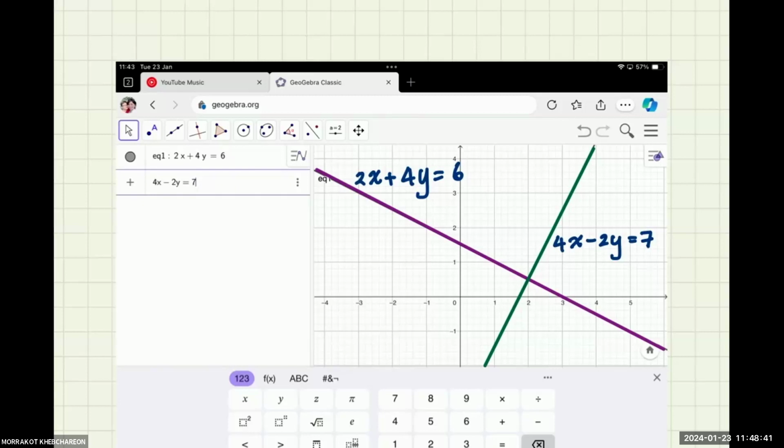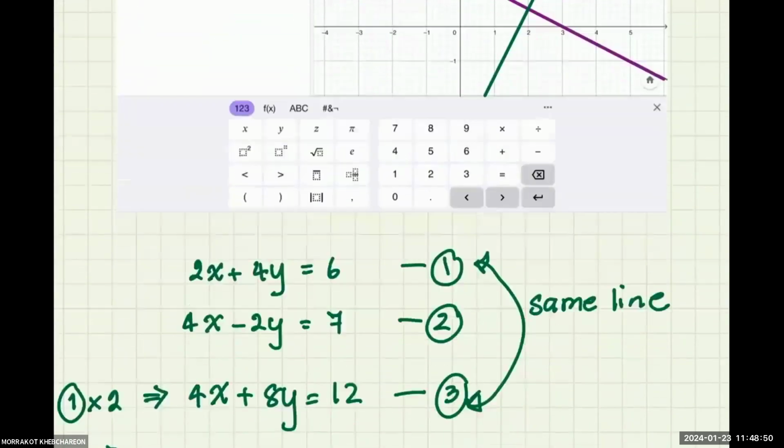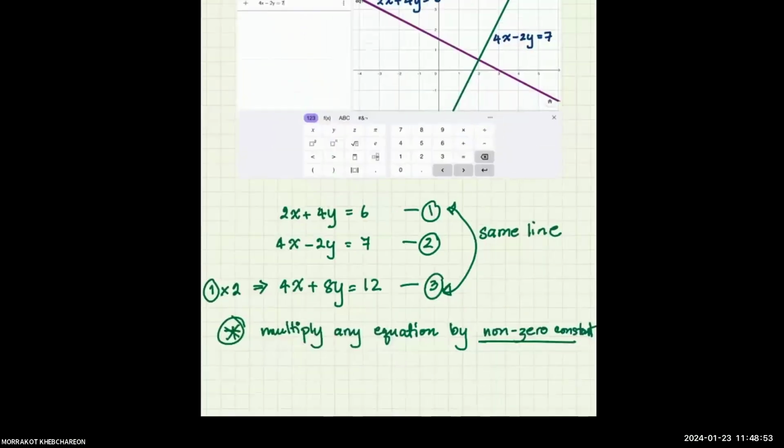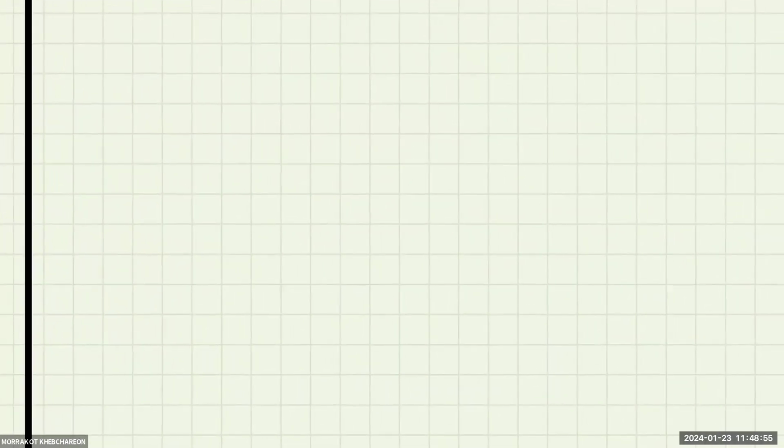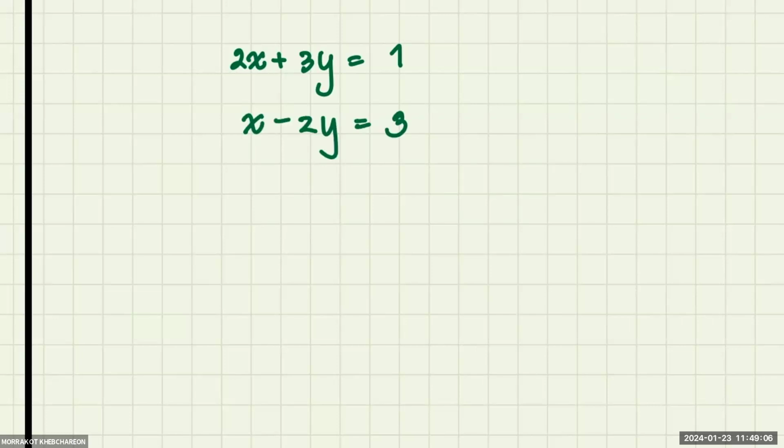If I write it in terms of the matrix, it means you swap the rows. Let's see. I write down the matrix form.